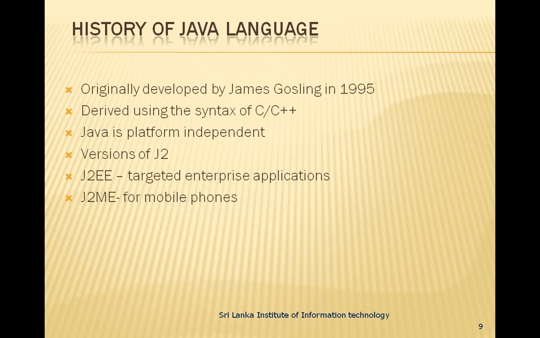The main feature in Java is that it is platform independent. That is, Java applications can be compiled to bytecode and that can run on any JVM regardless of the computer architecture. Versions of J2 are J2EE, which is targeted at enterprise applications. Next one is J2ME. It is applied for mobile applications.